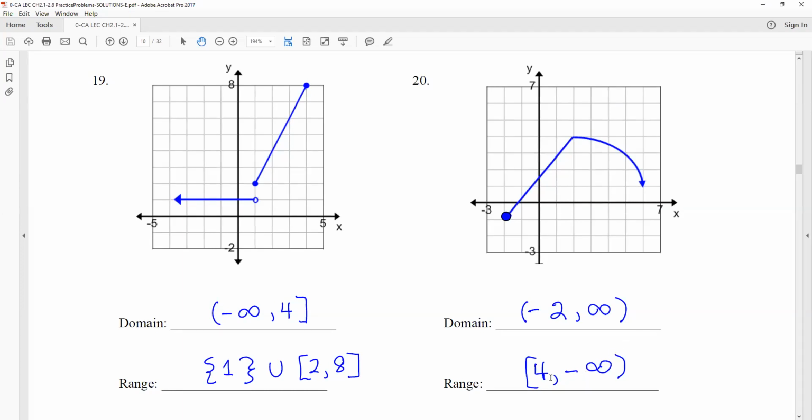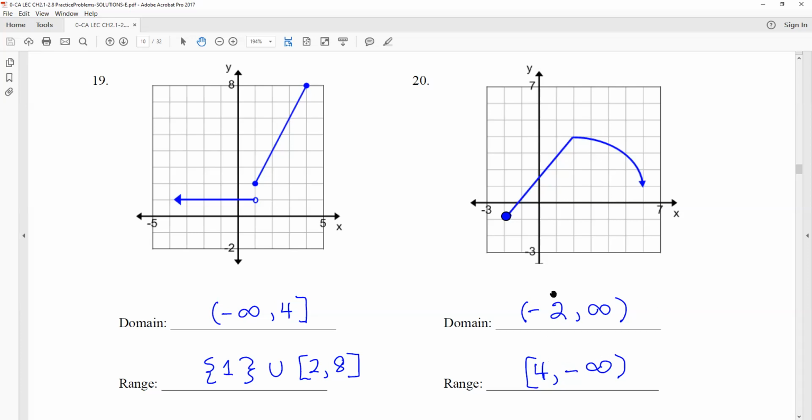In the case of the range, these two are backwards. We go from low to high. Well, this goes to infinity.